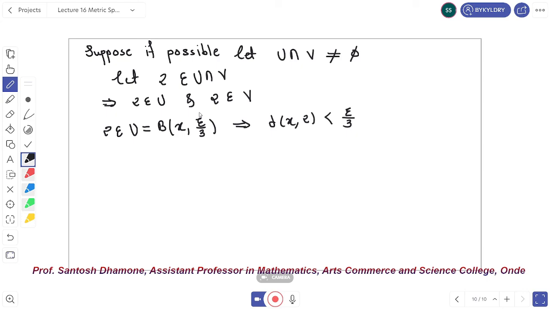Similarly, z belongs to V, the open ball about y with radius r by 3. This implies that the distance between y and z is less than r by 3 by definition of open ball.